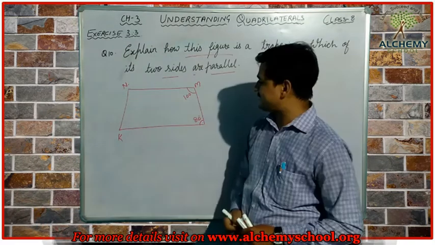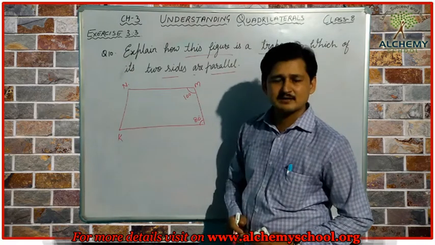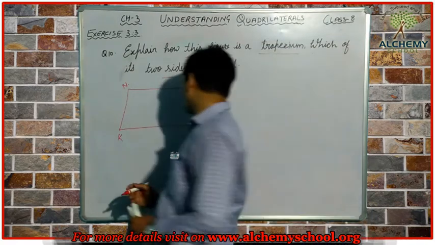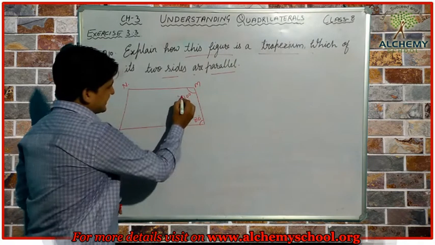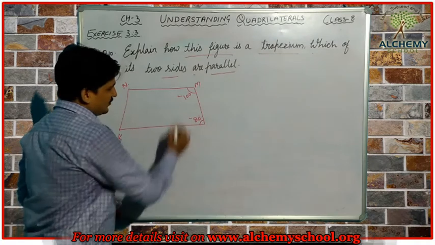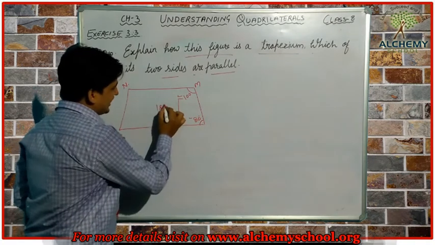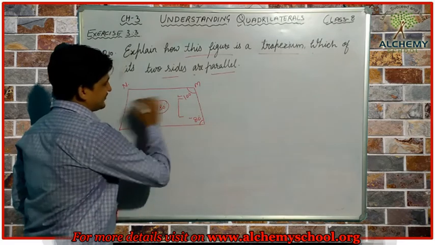Okay, can we say that this side and this side are parallel? How we can say it? So we can see the given angles. So this angle is 100 degree and this angle is 80 degree. Okay, when we add these two angles, we will find that they are 180 degree. It means they are supplementary angle.